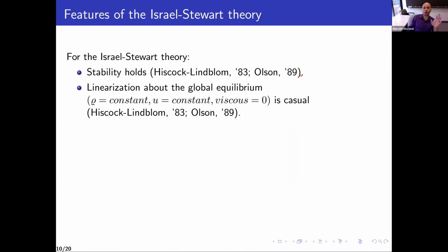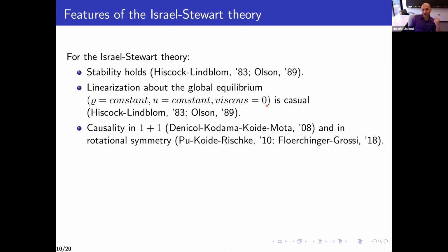Which means the following: global equilibrium is a state defined as density and velocity constant, and all the viscous flux vanishing. So if you linearize about these states, then you get a linear system of equations, and in that system you can show that it's causal. Causality has also been proved in 1+1 dimensions and in rotational symmetry.